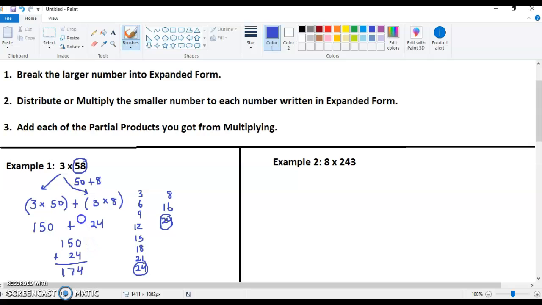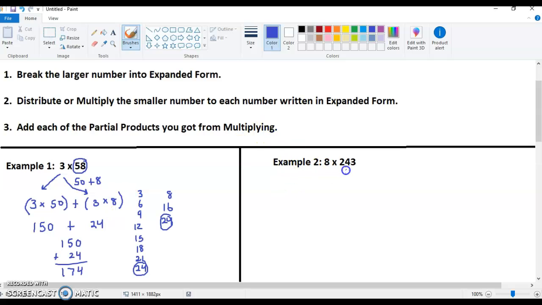And if you're not sure why we would do this, think about it this way: rather than trying to multiply this out the traditional way, if you break it up into expanded form, now you have two multiplication problems that you can do in your head and just add the two products together.